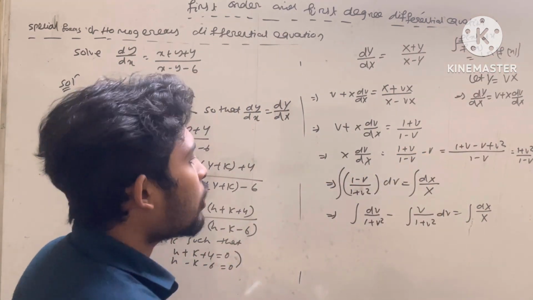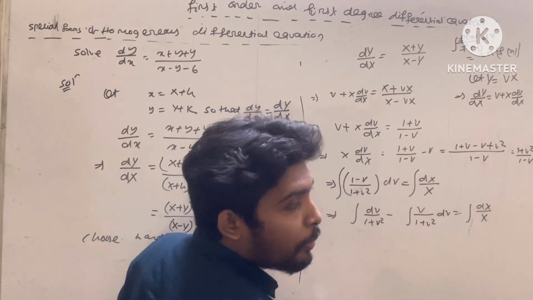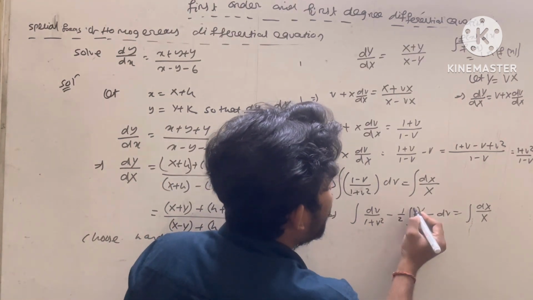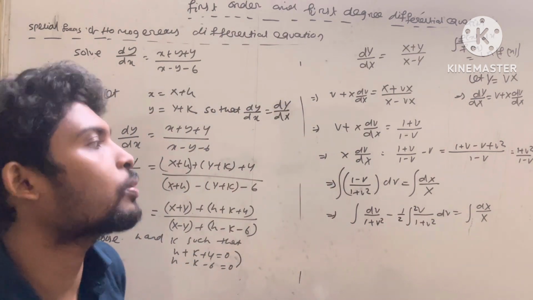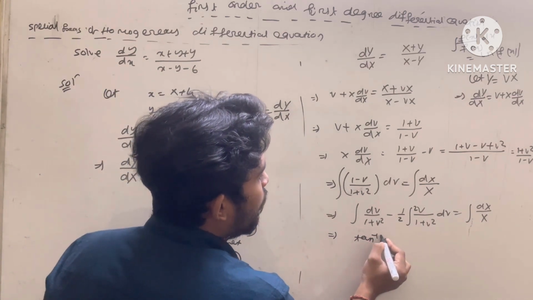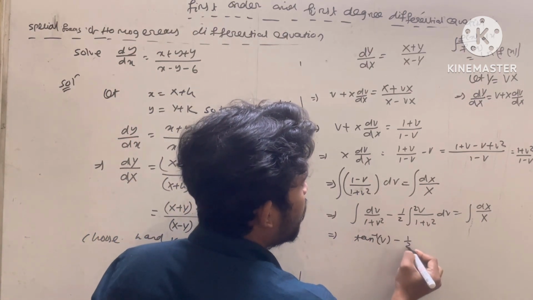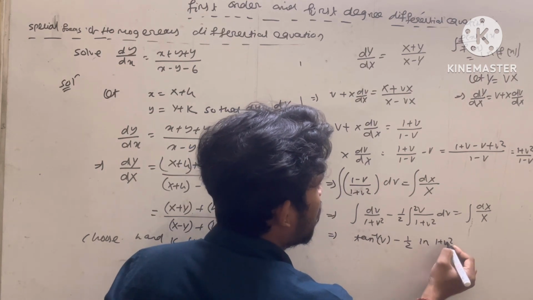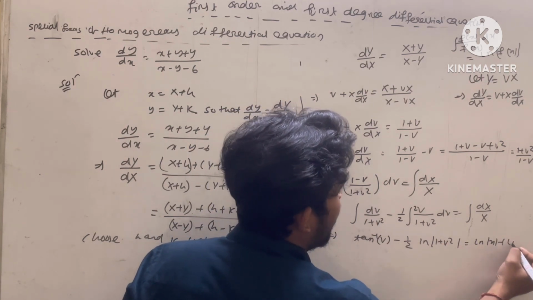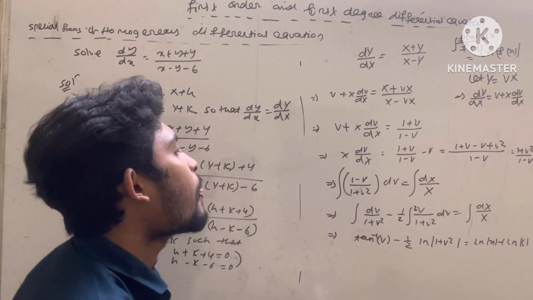So this one, look very carefully, the derivative of 1 plus V square is 2V, so that's why I have to multiply by 2 in the denominator and divide by 2, right? So this becomes tan inverse V, and this one is half ln (1 plus V square), and this is ln X plus ln C, right?